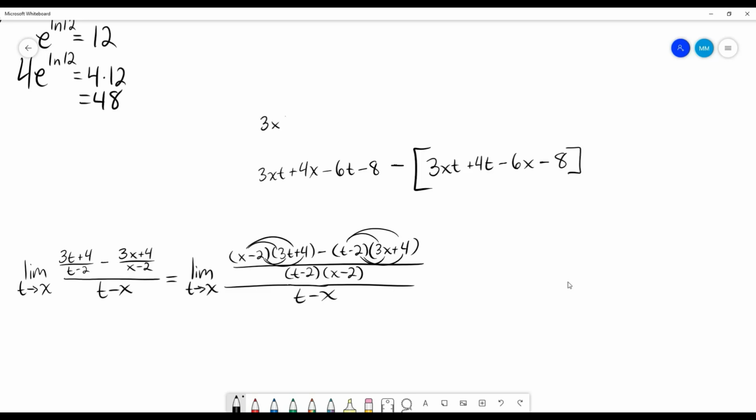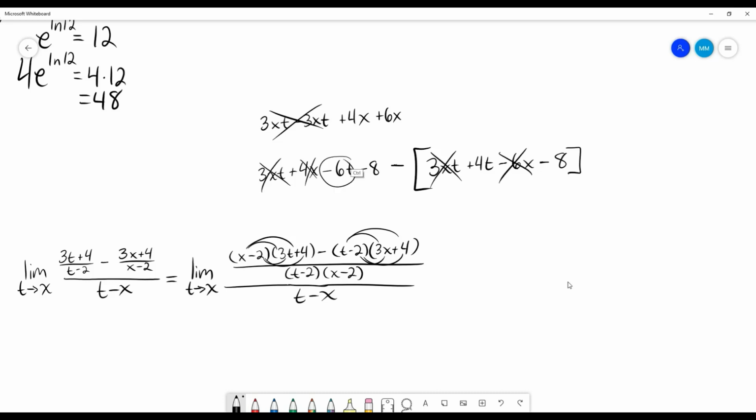So we've got 3xt, and then I see we've got a minus 3xt. So I'm going to write that there, and I know those cancel out. I'm just going to block them off there so we show we've done them. Then I've got plus a 4x, so I'm done with that. And then I see I've got a minus 6x, so I'm going to write that there. Oh, nope, sorry. I know I'm subtracting a minus 6x, so I'm going to add a 6x there.